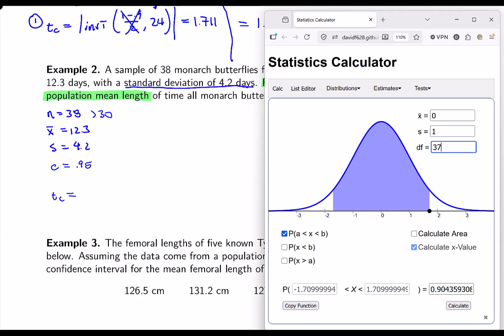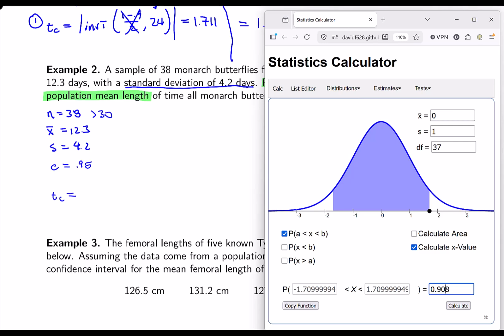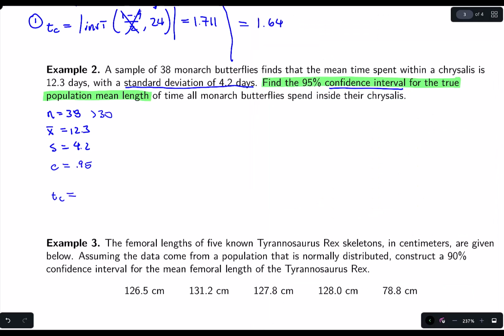That's the inverse calculation. I'm centering the calculation about the mean. And then I want this value here to be 95%, so 0.95. So I want 95% of the data balanced about the mean. So that tells me my critical value here is 2.026.